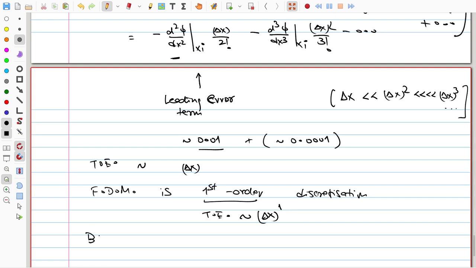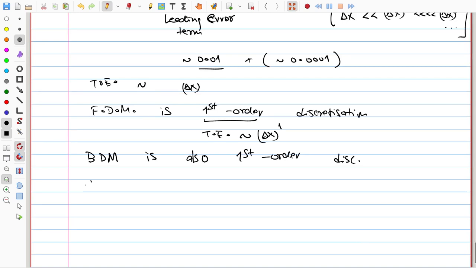Similarly, the backward difference method is also a first order discretization. Any guesses on what the center difference method would be? The truncation error in the center difference goes as delta x squared.